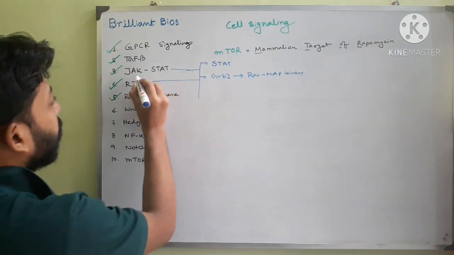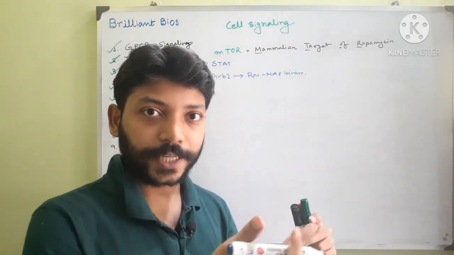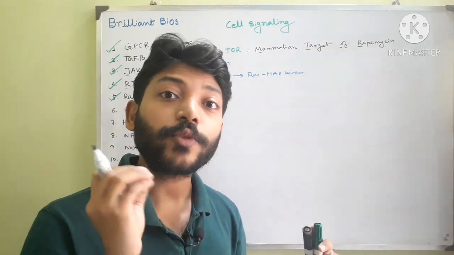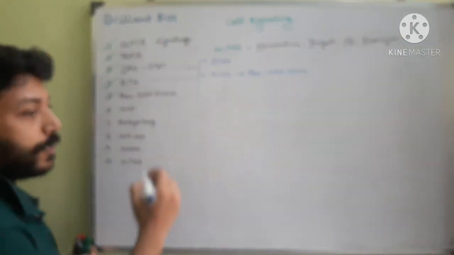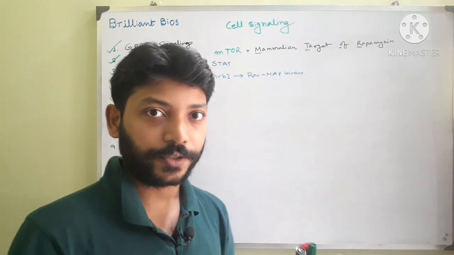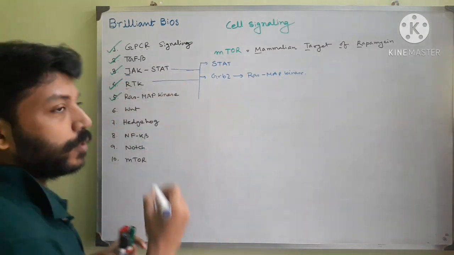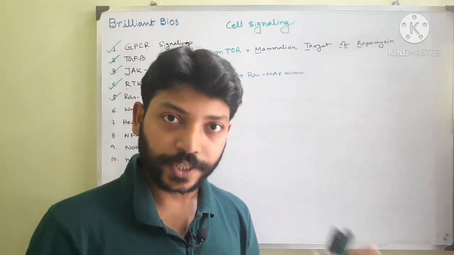Because in the case of the JAK-STAT pathway or RTK pathway, the receptor for the ligand gets phosphorylated at the tyrosine residue. The name receptor tyrosine kinase means the receptor gets phosphorylated at the tyrosine amino acid. And in the JAK-STAT pathway also, the receptor gets phosphorylated at the tyrosine residue.